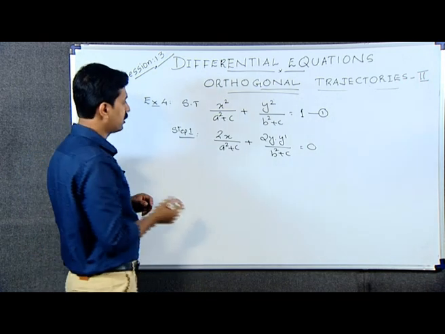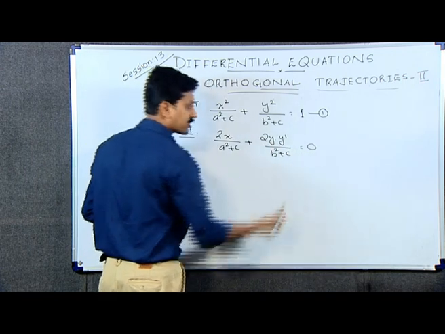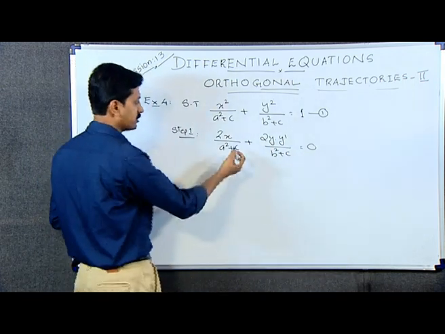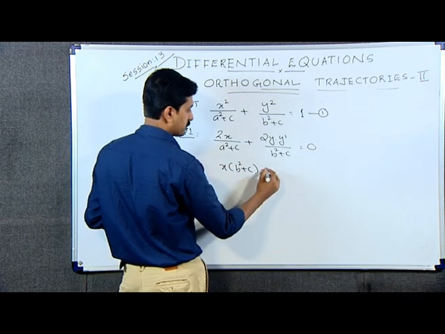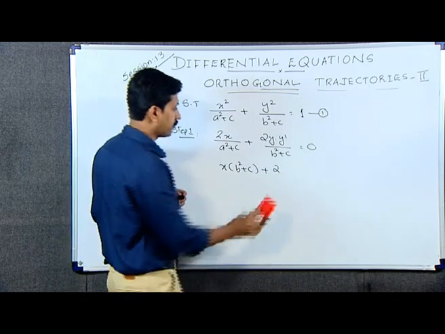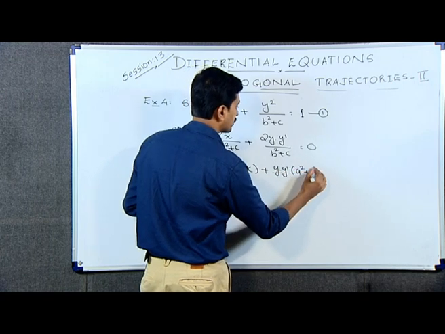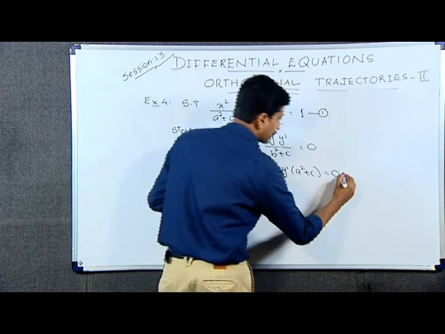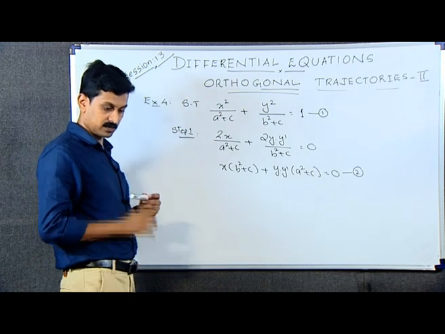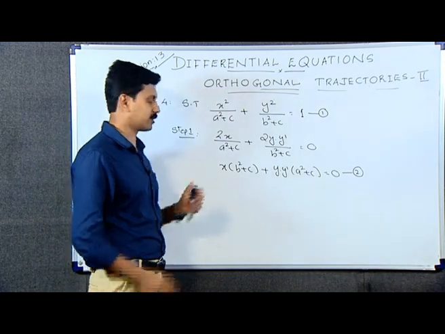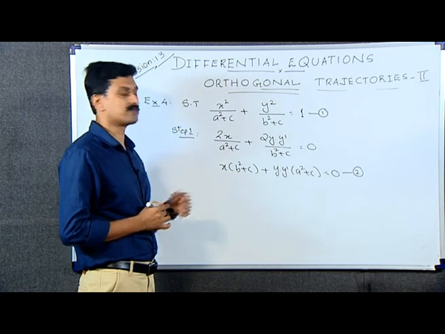Taking 2 out, we have x by a square plus c plus y y dash by b square plus c equal to 0. I am taking this as equation 2. Equation 2 is the differential equation corresponding to 1. From here we are able to find the value of c.